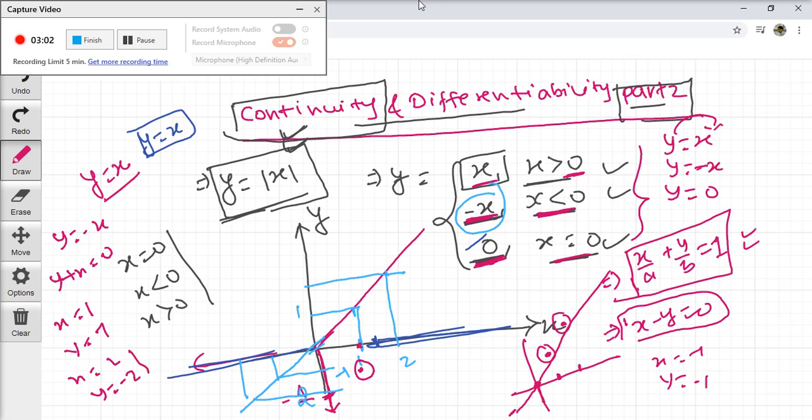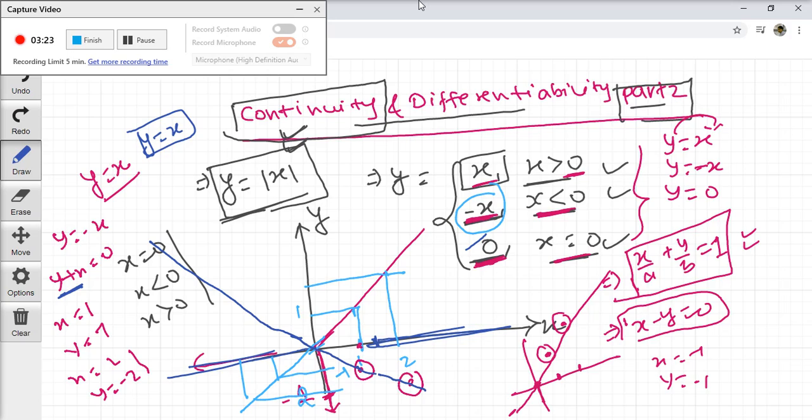So it will be reversed. As we know, if x is 0, y is also 0, so this graph will go like this. As you see, the graphs are crossing each other.